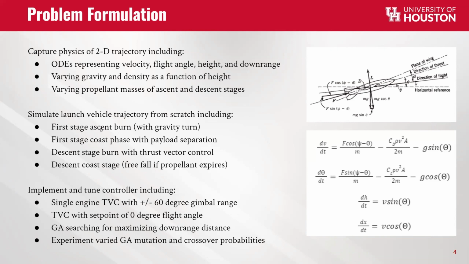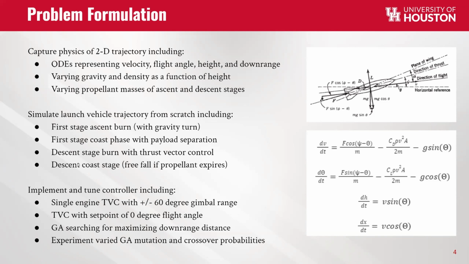After you totally expel all the propellant from the first stage solid rocket motor, we go into a coast phase where the rocket is still gaining altitude. And then at the apex of that altitude, the payload and the first stage separate, and you're left with just a descent stage. So then we enter into our 5th stage, which is essentially uncontrolled free fall.